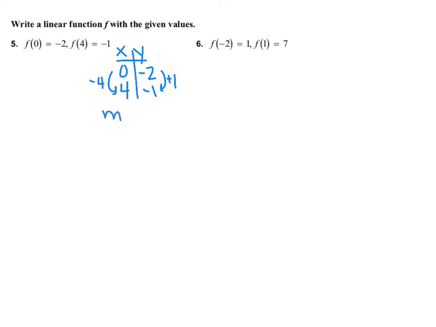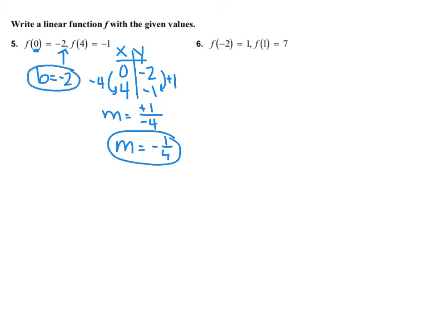So my slope is positive 1 divided by negative 4, or negative 1/4. And then I could use point slope form and pick an x1 and a y1, or I could recognize that because this value is 0, negative 2 must be my b.